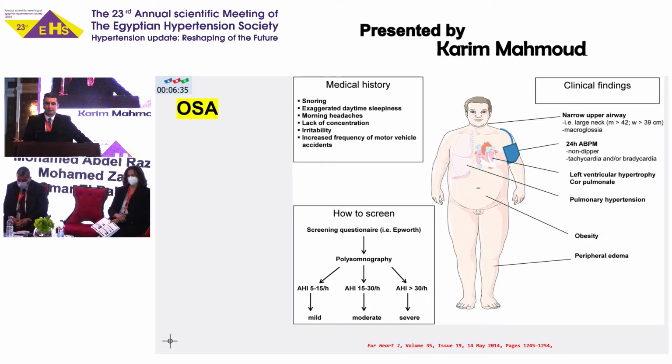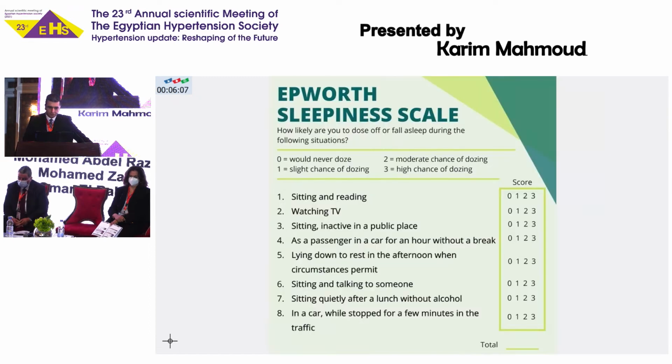On clinical examination, these patients will have evidence of a narrow upper airway, defined as a large neck and the presence of microglossia, obesity and peripheral edema, and with echo we can find left ventricular hypertrophy and pulmonary hypertension, and 24-hour ambulatory blood pressure will detect non-dipping or even reverse dipping with rhythm disturbance such as tachycardia and or bradycardia.